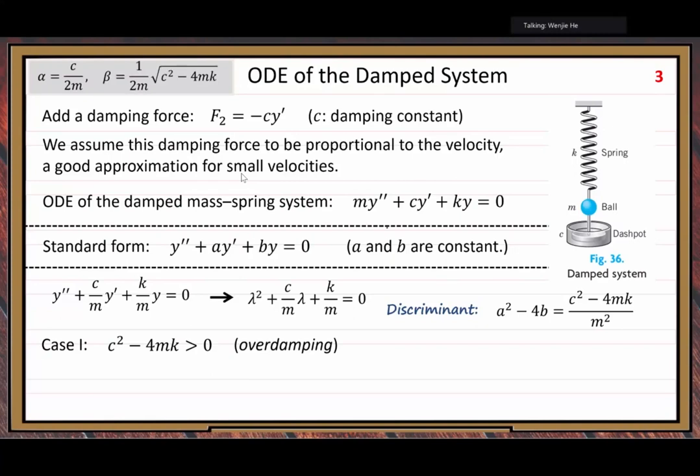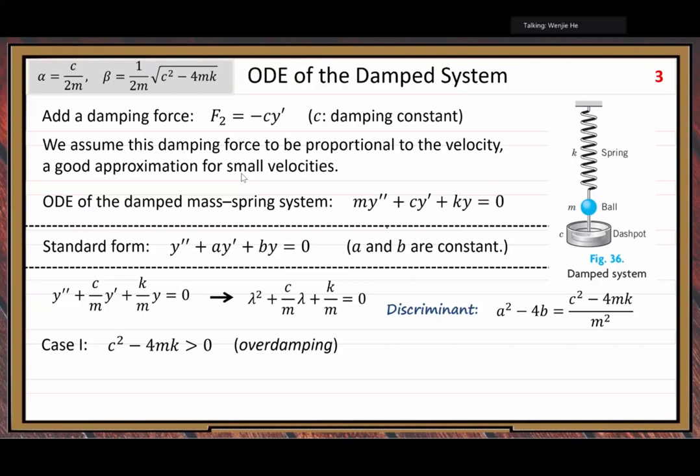But in our later formulas, in order to make our formulas clean and neat, not very messy, because a lot of formulas could be very complicated, we introduce two constant expressions, alpha and beta. Alpha is c over 2m, and beta is that relatively long expression.